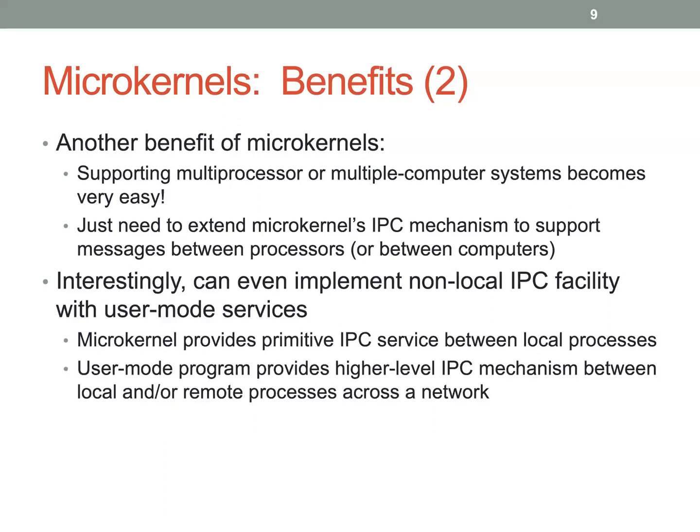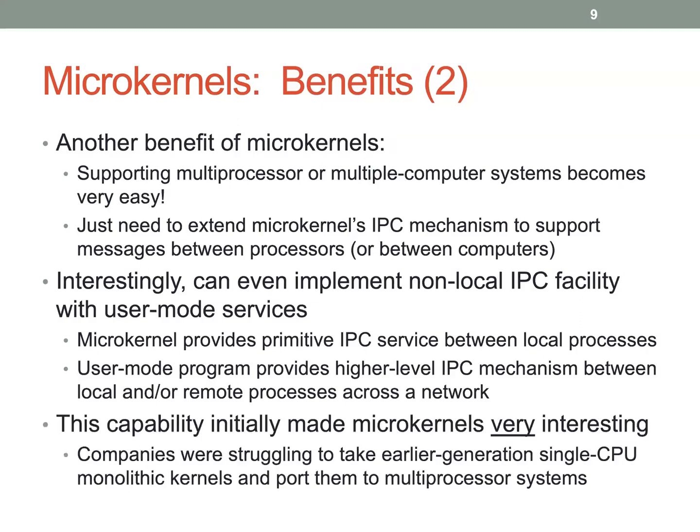The microkernel provides primitive IPC, and then you might have a particular process running in user mode that does IPC between other actual computers. And then the microkernel can simply forward to that process to send a message to another computer. Okay, so this made microkernel architectures really appealing at first, because people discovered quickly that it's hard to write operating systems for multiple cores.